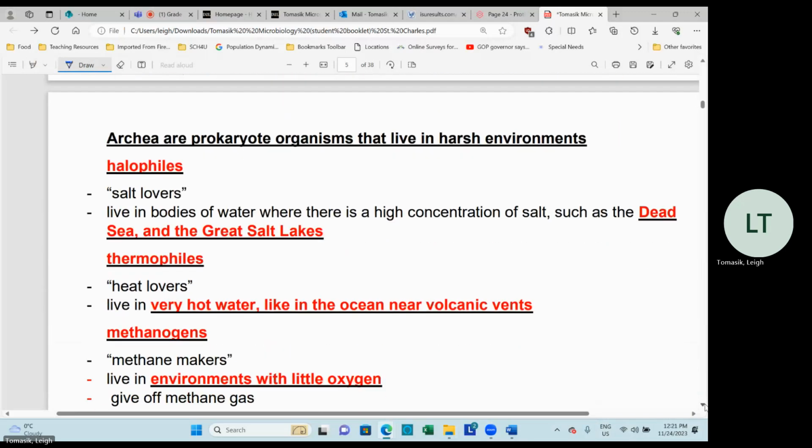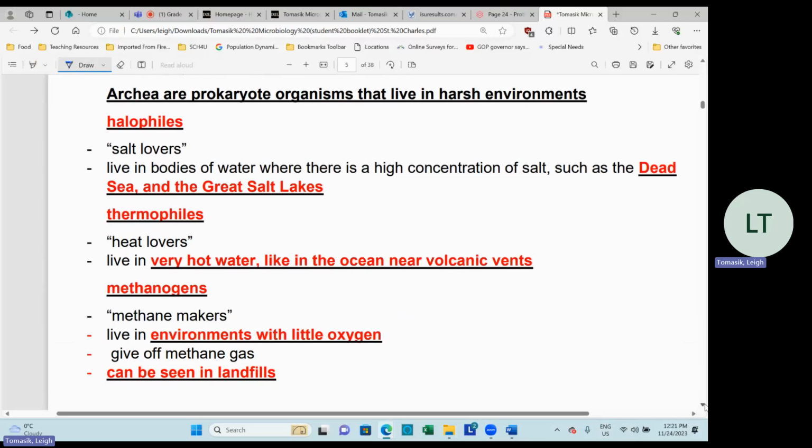Let's talk a moment about archaea. So we said one thing that separates archaea from other organisms is that they live in harsh environments. And we have three different groups of archaea, and they are named after the type of environment that they enjoy. So one is called a halophile. Halo comes from the same word as halogen.